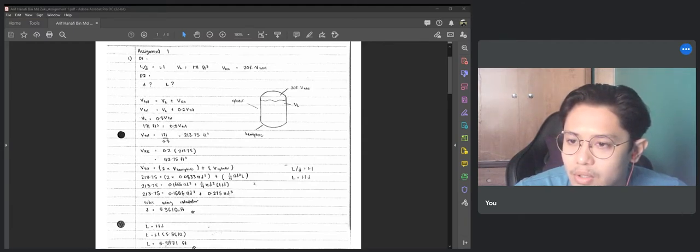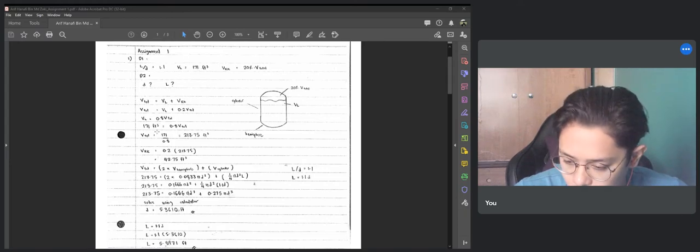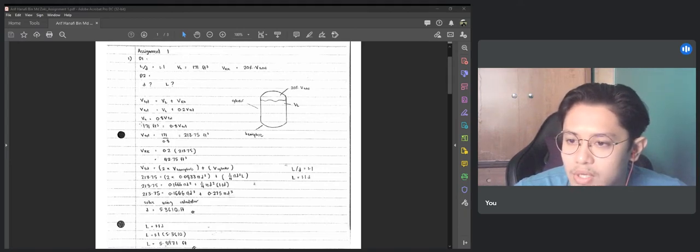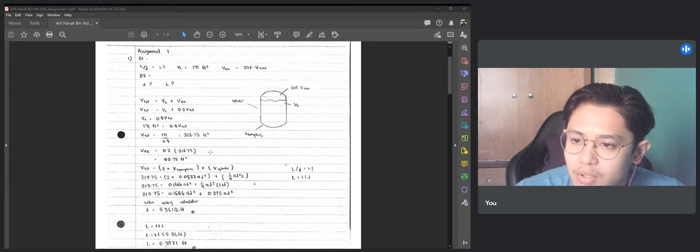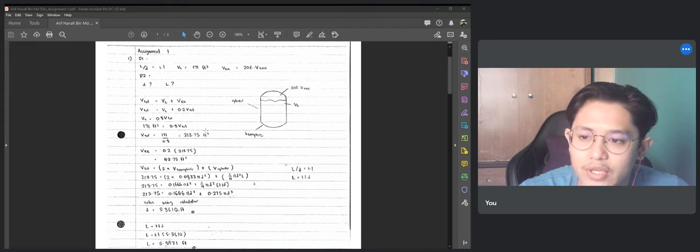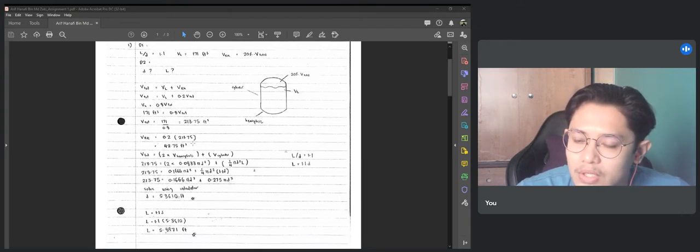So we equate 171 feet cube equal to 0.8 volume total. Then we get volume total equal to 213.75 feet cube. Then we determine the volume ruang kosong equal to 0.2 times the volume total that we get, so we get the answer 42.75 feet cube.